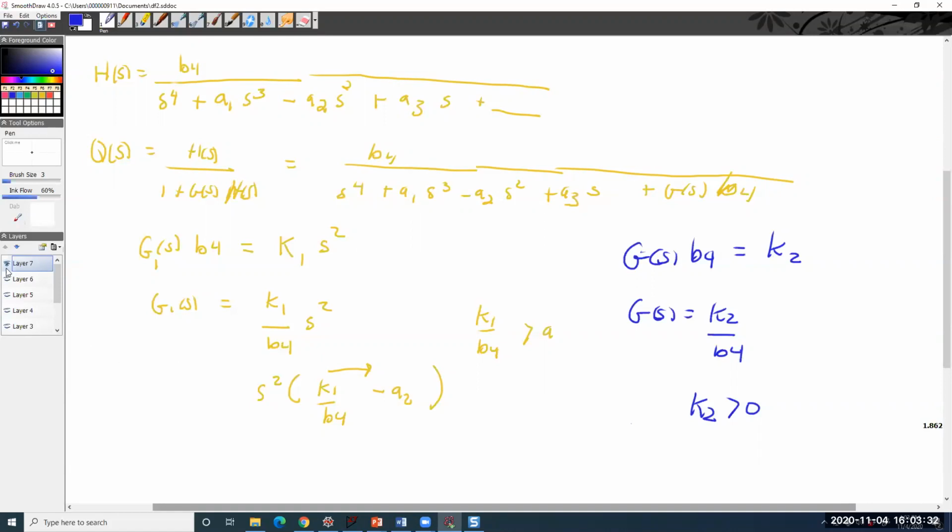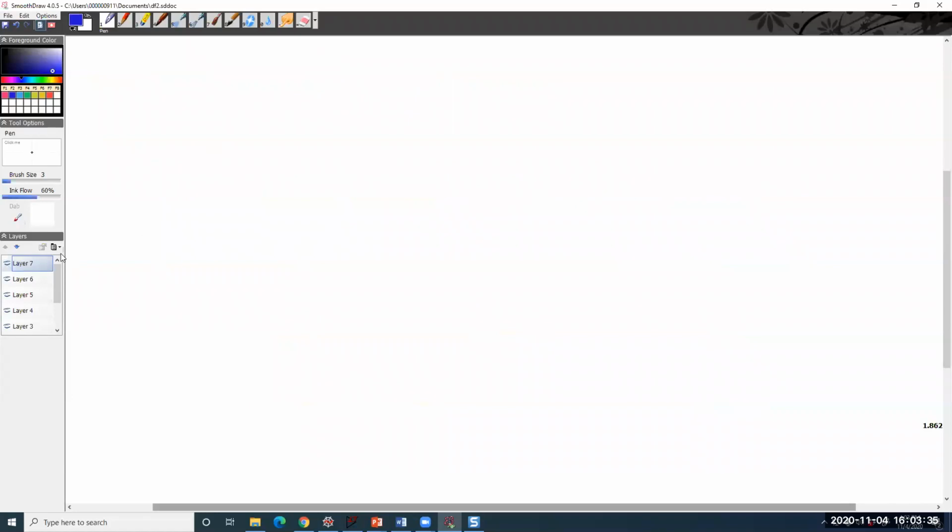Now, of course, this transfer function, let's look at the numerator. Let's keep that denominator the same. I could have B naught to the fourth, I could have B1, B2, and then we already talked about B4.